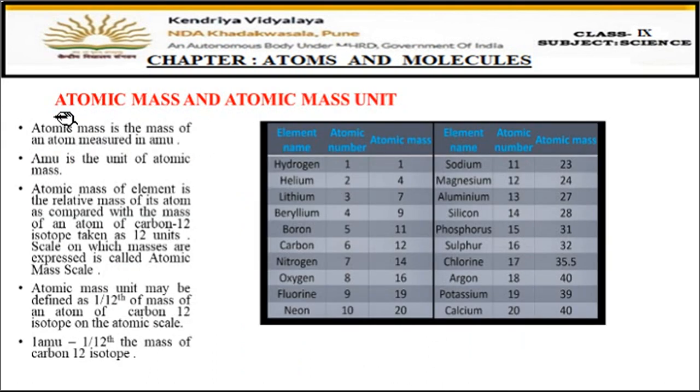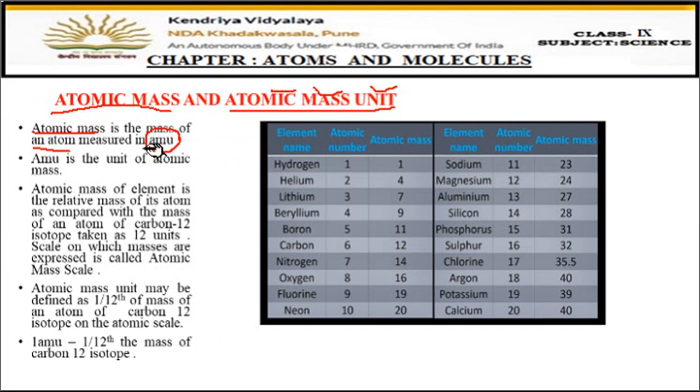Now you have to study about atomic mass and atomic mass unit. Okay, so every atom has its mass. So the mass of an atom is called the atomic mass. Okay, atomic mass is the mass of an atom, and this mass is measured in a unit which is called AMU. AMU means atomic mass unit.